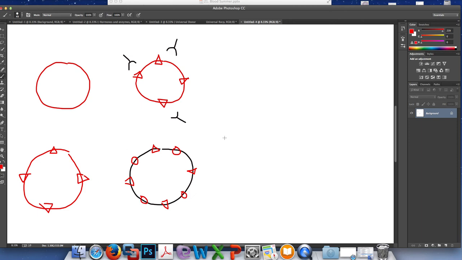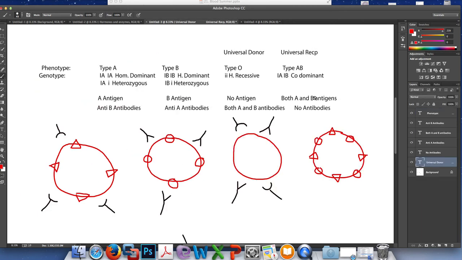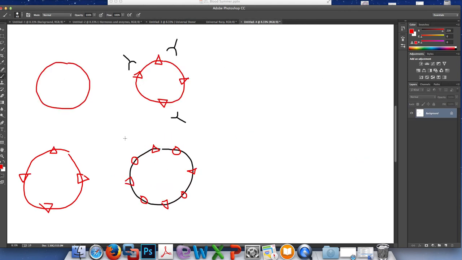Type AB blood, if we look back here, we know it has both A and B antigens and no antibodies, so I don't have to draw any antibodies, which means that when this red blood cell is introduced to this blood, there are no antibodies here that will ever attack the A antigen. So because we have no antibodies in AB blood, it's always accepting of any sort of antigen.